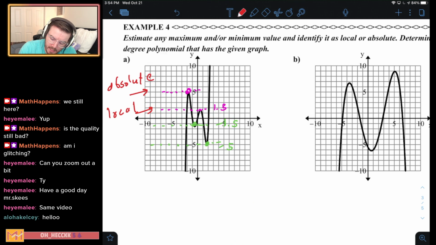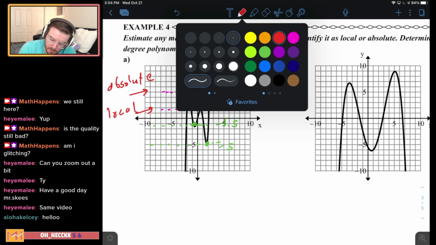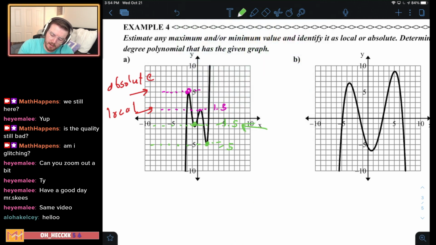Same idea with a minimum here. This right here is a local, whereas this is an absolute, because this is more negative than this one. You with me?